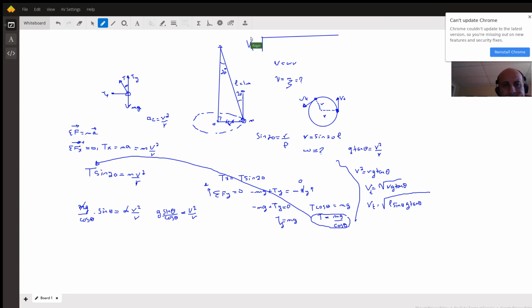square root of L, we know it's 1 meter, times sine 20, times g, the gravitational acceleration, 9.81 meter per second squared, times tan 20.